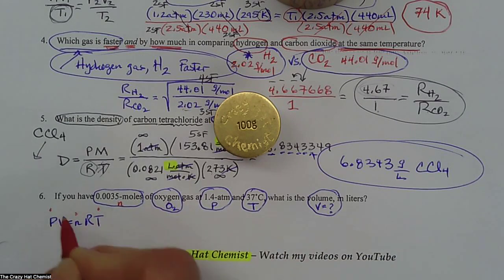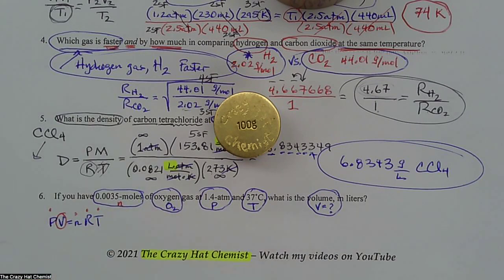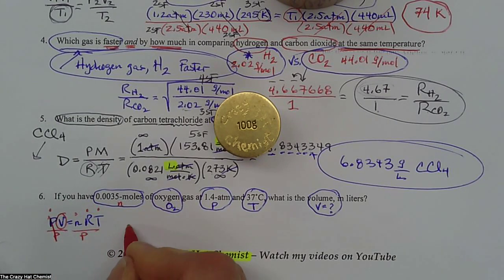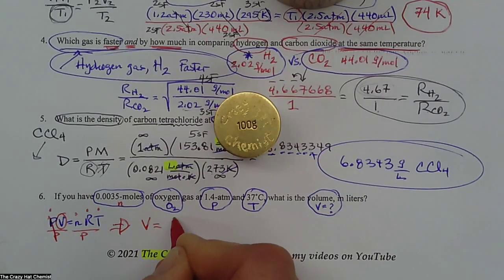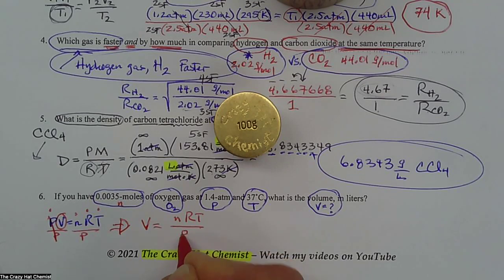We're looking to solve for the volume, and we always have the gas constant. So we're going to divide both sides by pressure, and then we're going to have V. So we're rearranging this equation. V is equal to nRT over P.